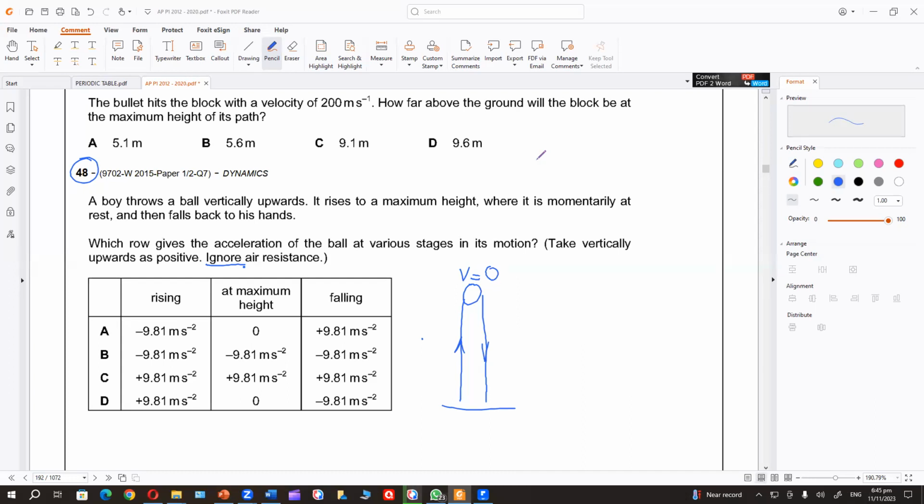If an object is going upward, velocity will be decreasing for the upward motion and velocity is increasing for the downward motion. But acceleration will be minus g throughout the motion. If I take upward velocity as plus, I have to take downward velocity as negative.